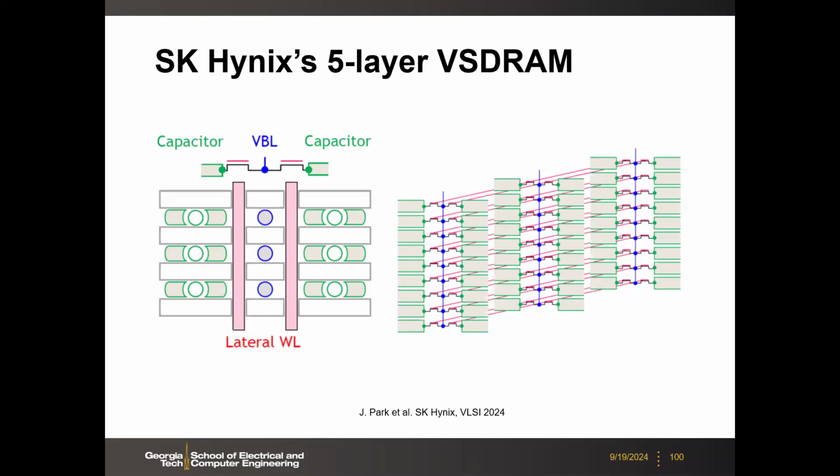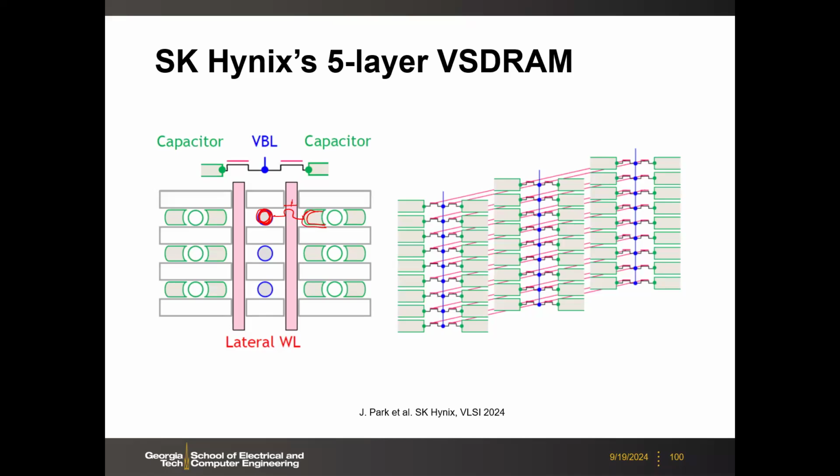Okay, so then here, this is the SK Hynix design. From the top view layout, we have this BL contact, and then the storage capacitor. So basically you will have this horizontal 1T and 1C. Okay.